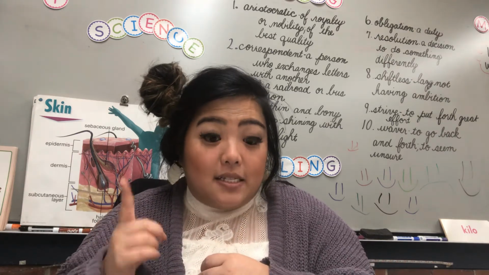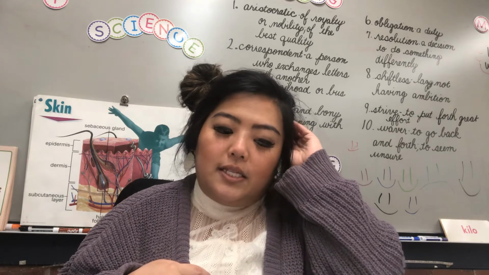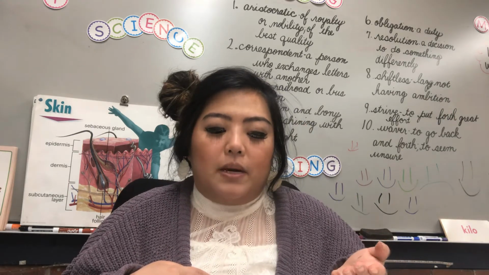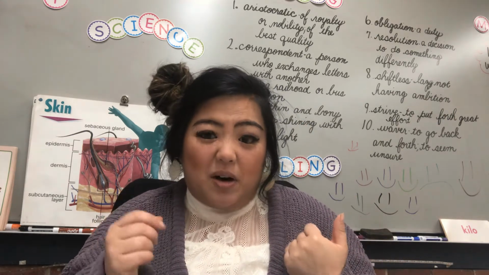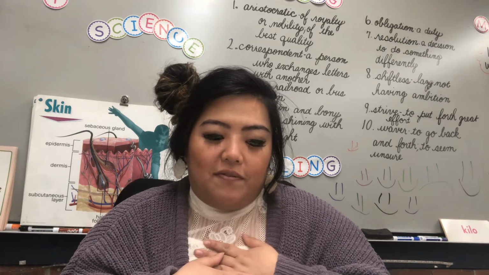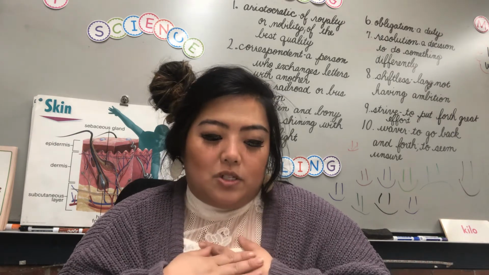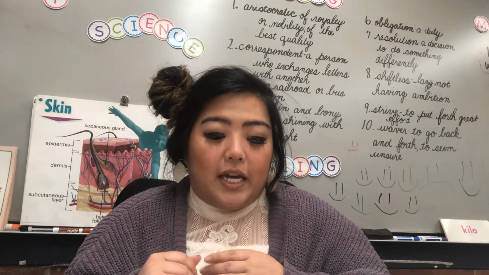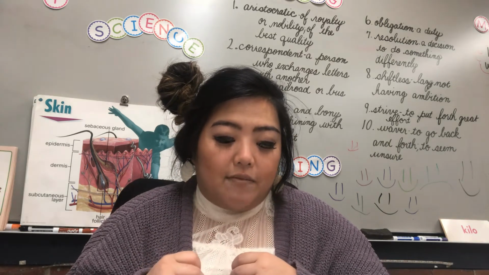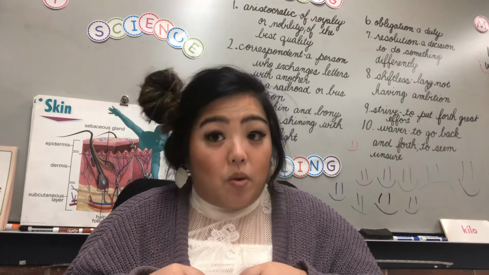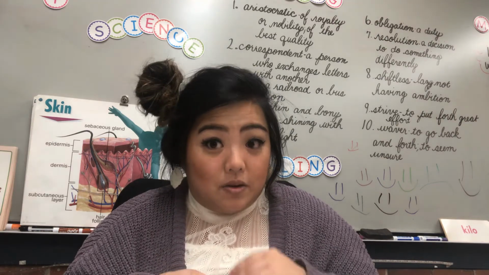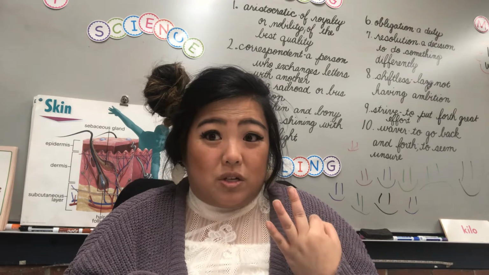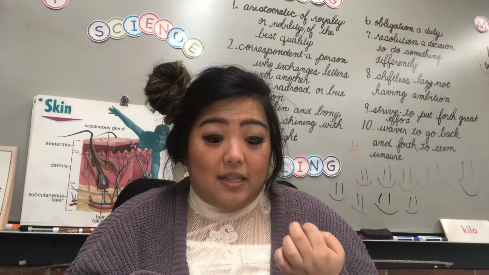Now, it says, and this is important, but you don't need to underline this, do not use cotton balls on a severe burn because loose fibers, like a cotton ball, will stick to the skin, causing an infection. Try not to break the blisters because an open burn can become infected easily. Depending on the location of the burn and how large an area it covers, a second-degree burn may require medical treatment.